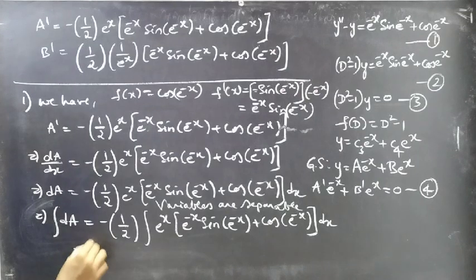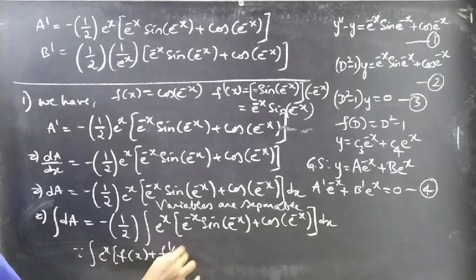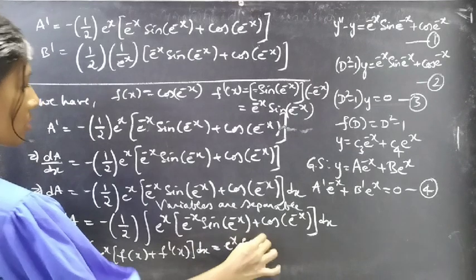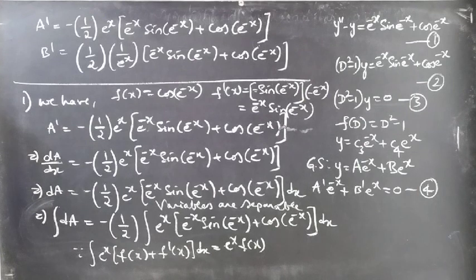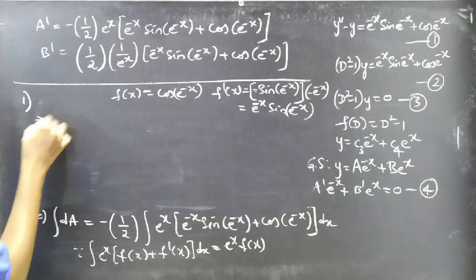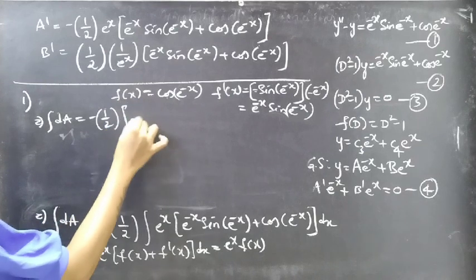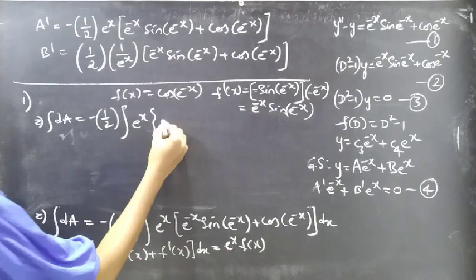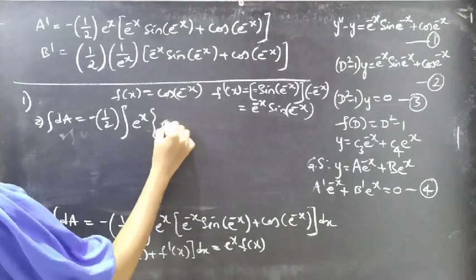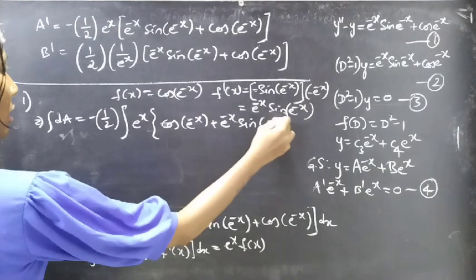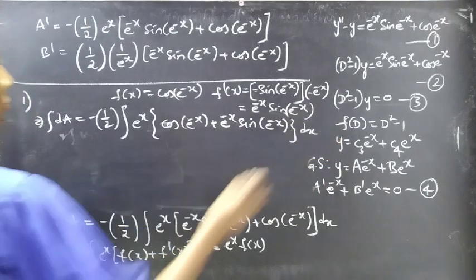Since we know that the integral of e^x (f(x) + f'(x)) dx equals e^x f(x), we can apply this formula here. We can write this as integral dA equals -1/2 into the integral of e^x (cos(e^(-x)) + e^(-x) sin(e^(-x))) dx, right?